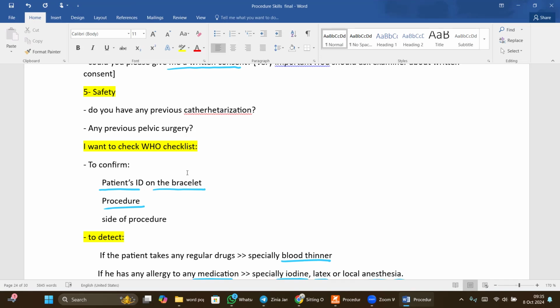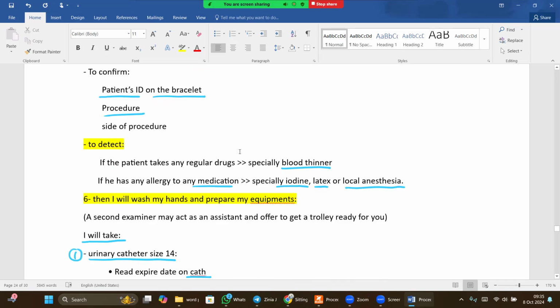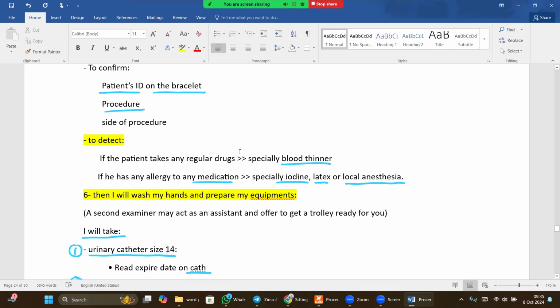To detect if the patient takes any regular drugs, especially any blood thinners, and if he has allergy to any medication, especially iodine, latex or local anesthesia.